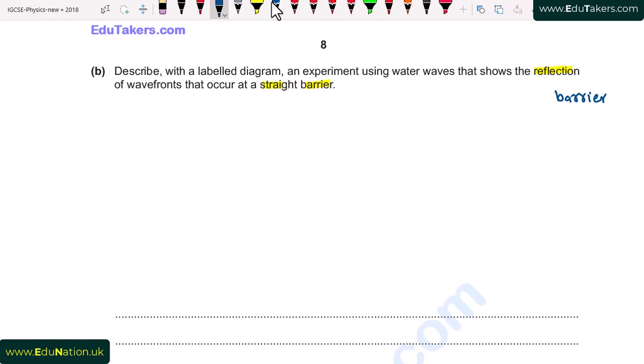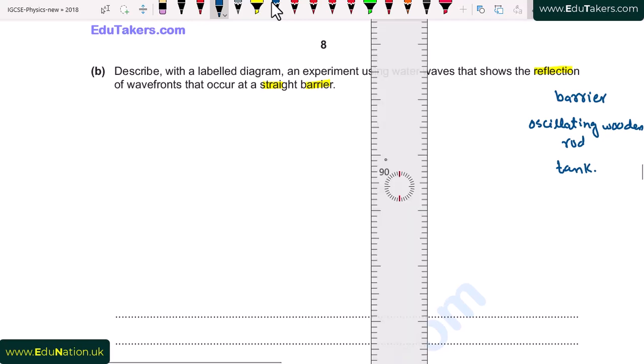Second one, there will be the source for the generation of water waves, and it is an oscillating wooden rod. This oscillating wooden rod is used to generate the water waves, and water will be contained in a plastic tank. So we also need a tank.